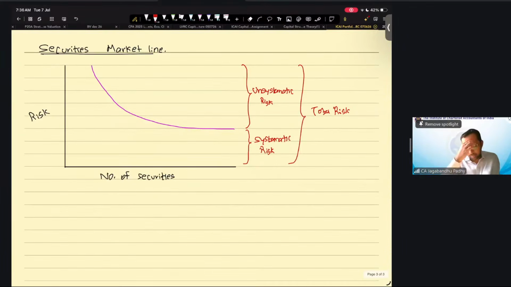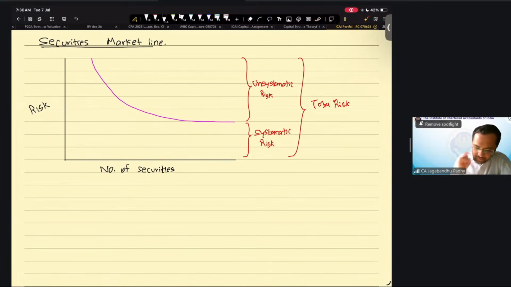Now the securities market line says that all the investors are supposed to be rational. Since they are rational, they can't be asking for a higher level of return for the total risk. They will obviously be asking for the return that compensates the systematic risk, because any rational investor would go ahead with diversification, right? They will be creating a portfolio of well diversified securities. And therefore, they should be asking for the systematic risk premium and not the total risk premium.